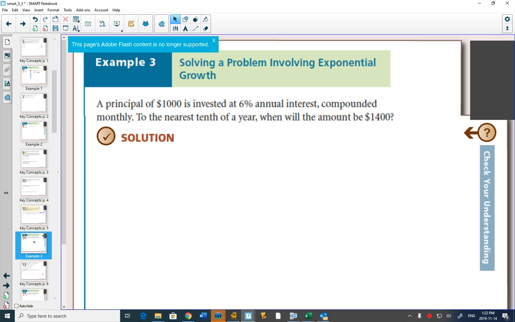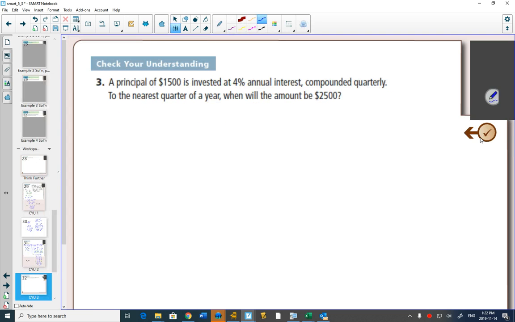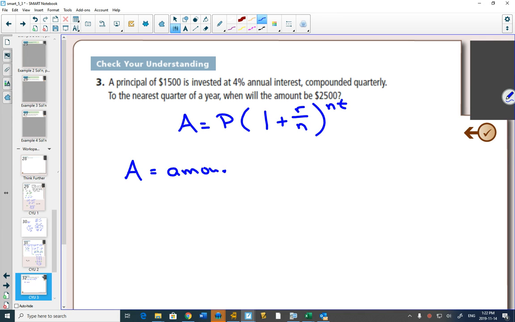So let's look at this first example. A principal of 1,500. So in this case, let's say they gave you the formula in this form. If they gave you the formula in this form, they would tell you what each of the things stood for.